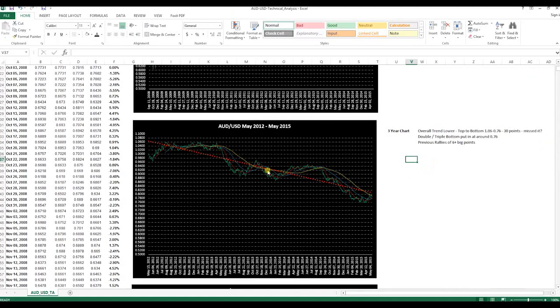So that tells us something. In terms of technical analysis, this is always a good thing, that if we're looking to go short, for example here, we get an overall confirmation that the market is actually on our side.